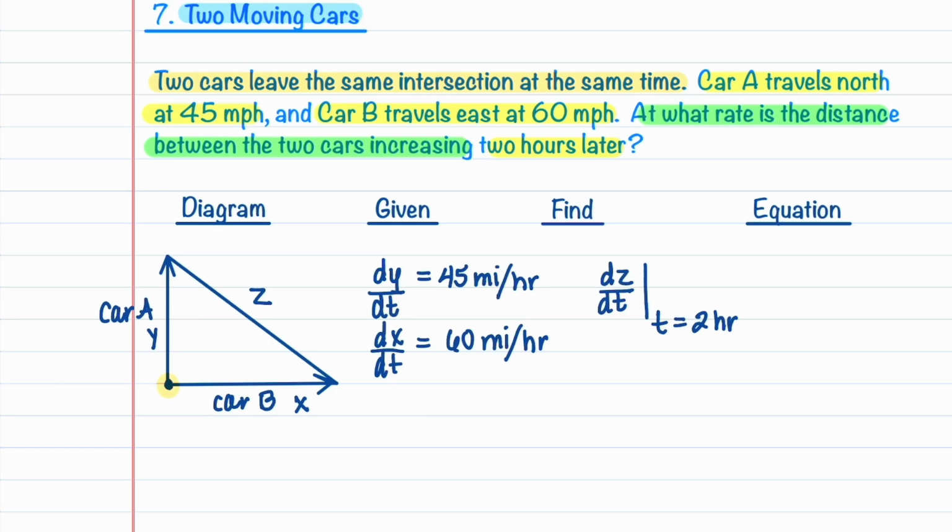Now we need to find an equation that relates x, y, and z. We can get it from the Pythagorean theorem because we have a right angle here. So that is x squared plus y squared is z squared.